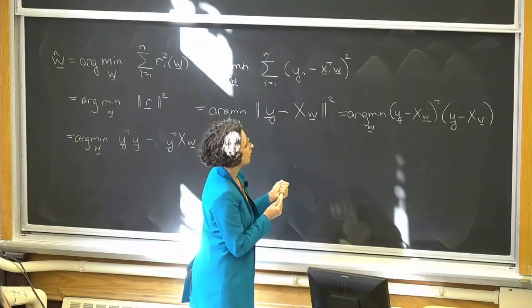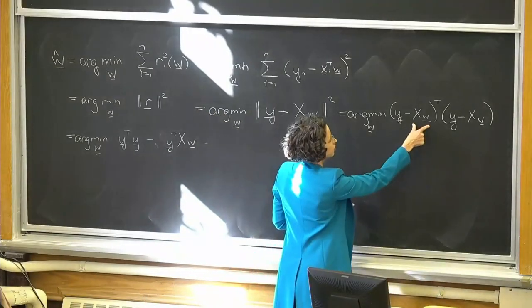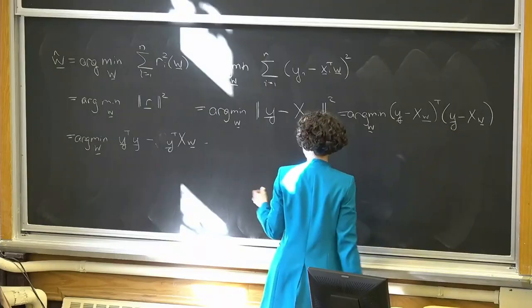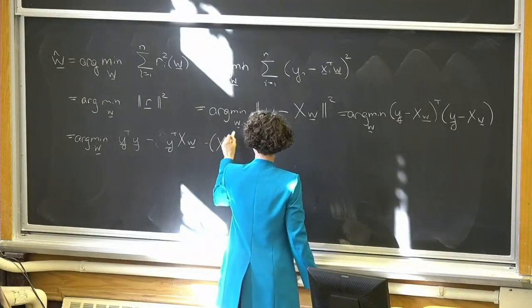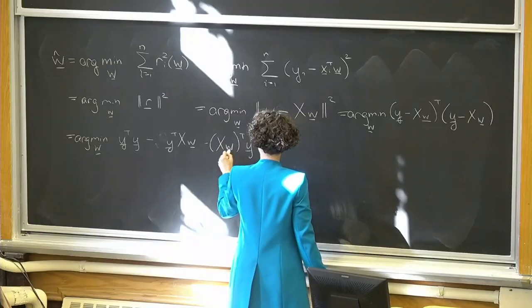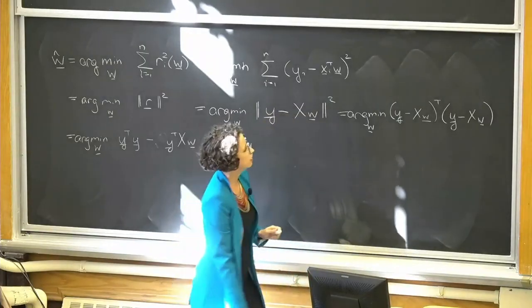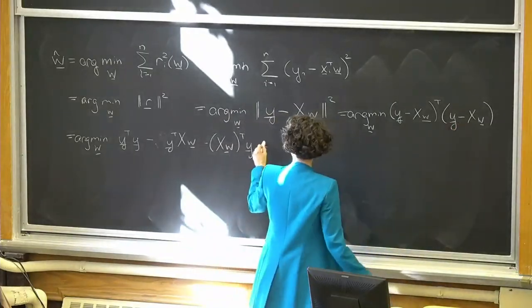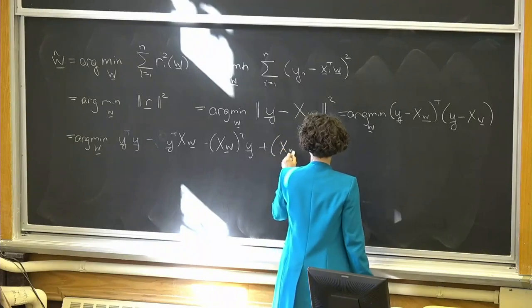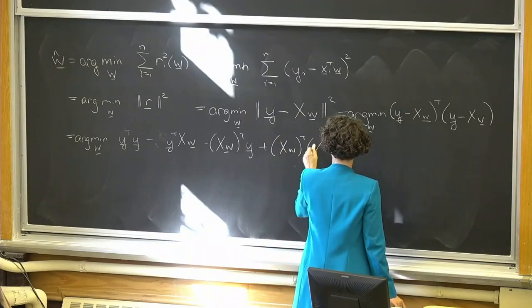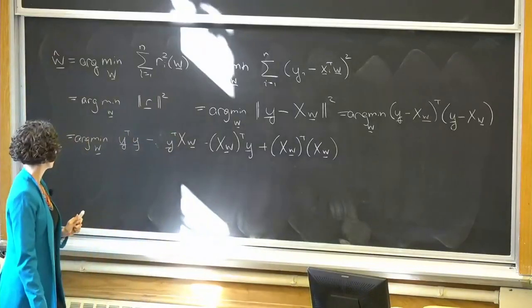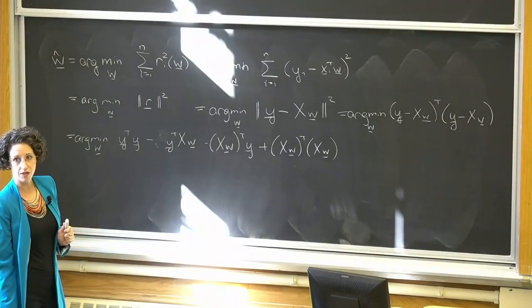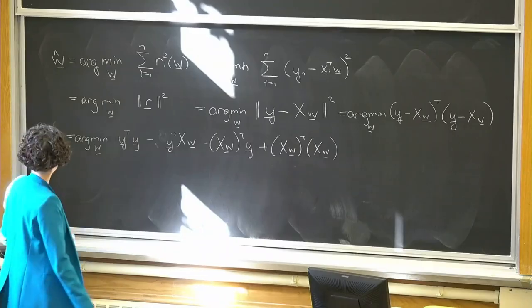And then I'm going to have the inner terms, so negative xw transpose times y. And then finally the last terms, so plus xw transpose xw. Any questions about this so far? Okay.